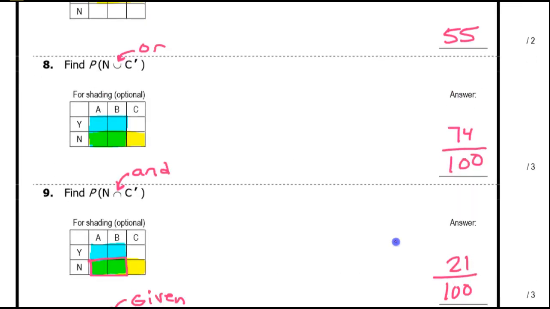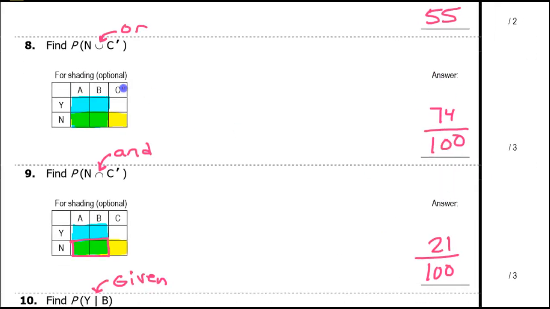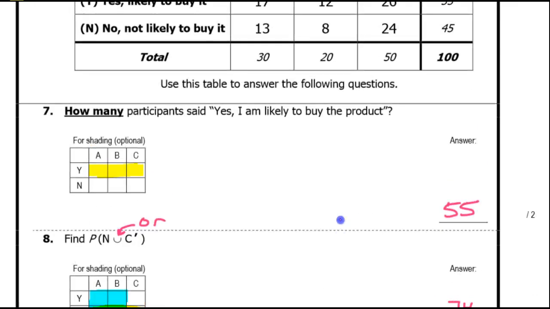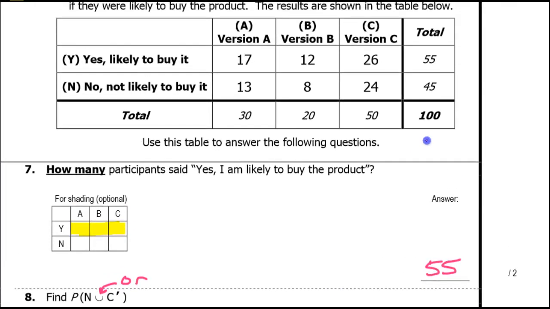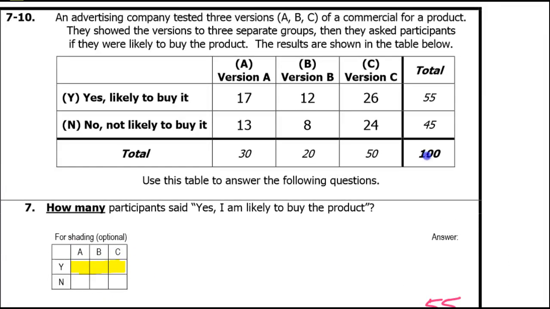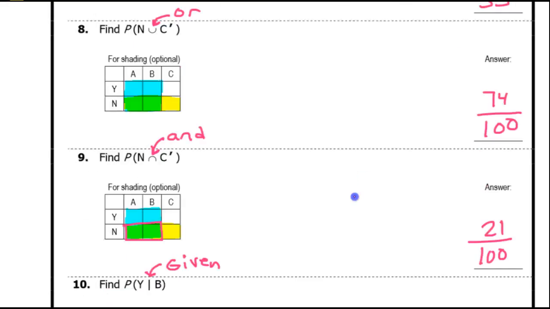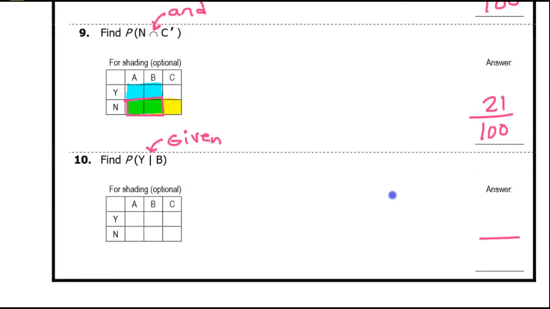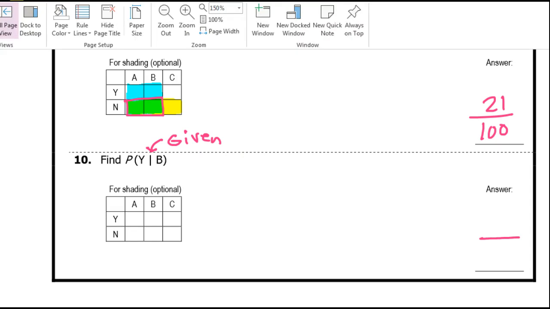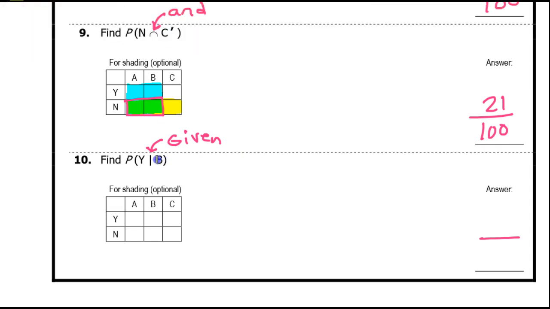Notice on the previous two problems, the total was 100, which is the grand total. The only time that's going to change is when we have a given problem. So you should be on guard and ready for this number to change to something smaller. And the reason why it changes is because the way you do a given problem is you highlight the given and you cross out everything else.